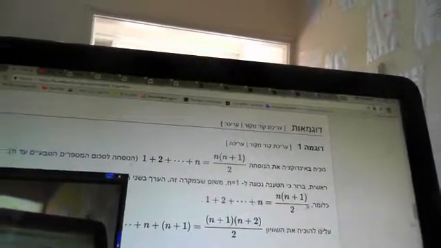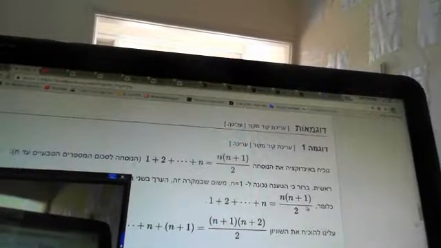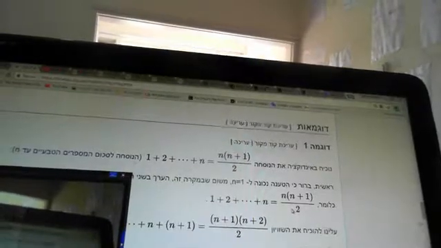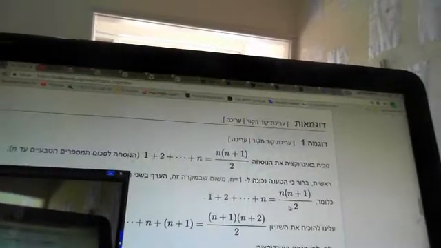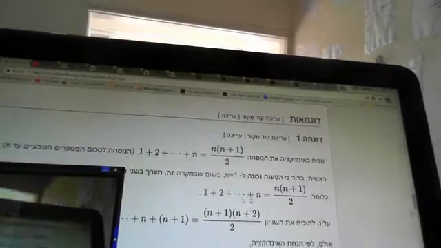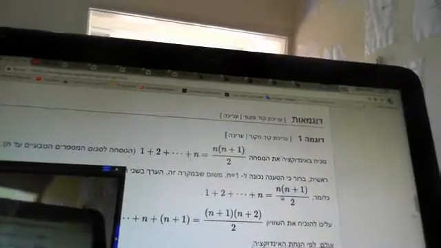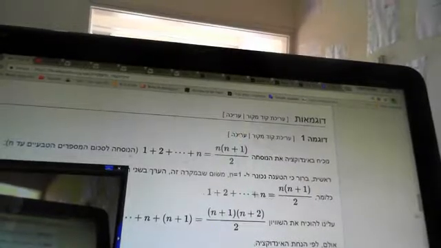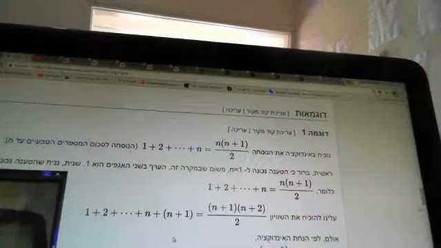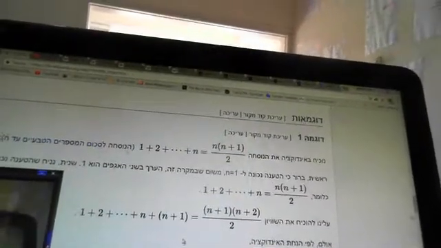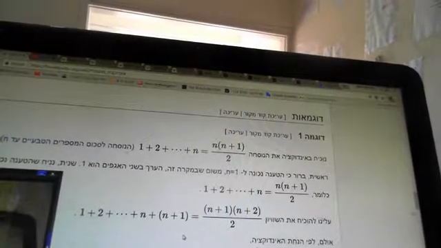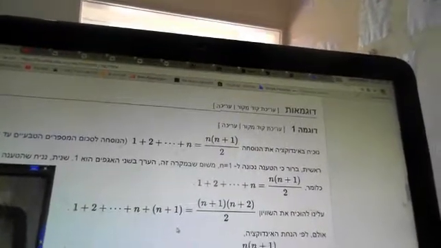That is our assumption, that this equation is true, and when we rely on the assumption that this equation is true, we will prove that the equation is also true for n plus 1.